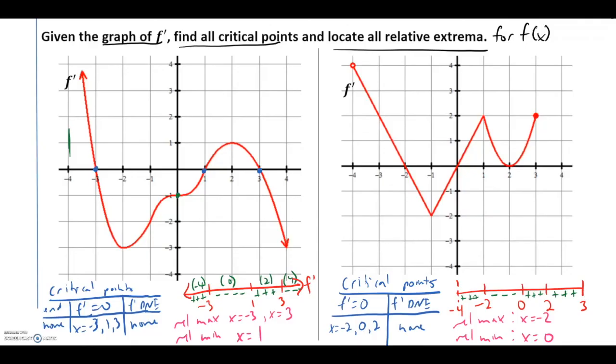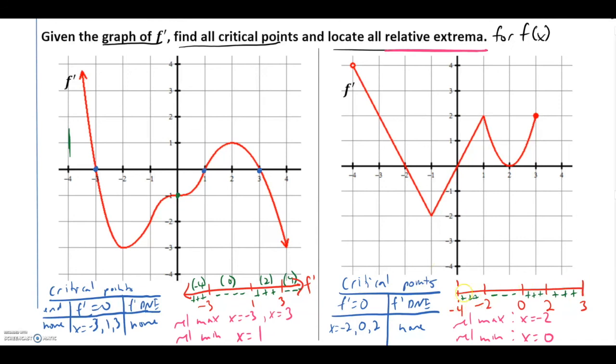Okay, so go ahead and compare your results with mine. Notice a couple things. This time I cut out endpoints as even being a consideration. Relative extrema can't occur there anyway, only absolute can. So I made my focus f prime equal to 0 and f prime does not exist. Found 3 critical points that way. You could include x equals -4 if you want, but again, endpoint, not too important.